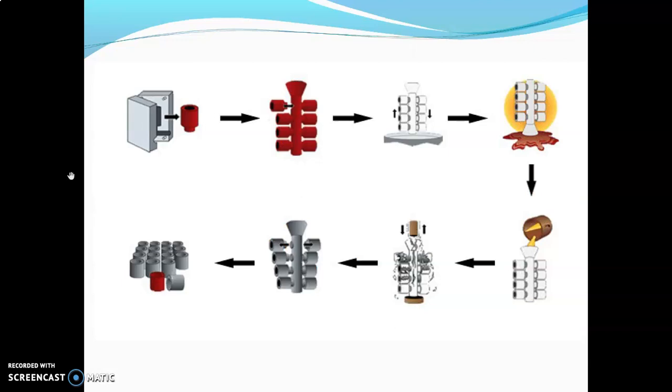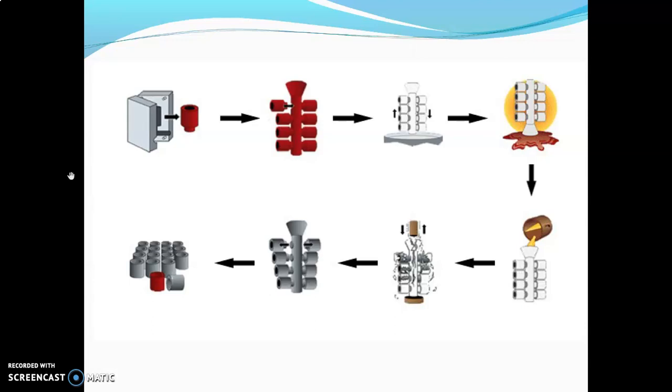Here again you can see a number of figures showing a number of steps. First we prepare the pattern. Again we assemble all the patterns and prepare one mold actually. Then we pour in the ceramic slurry.